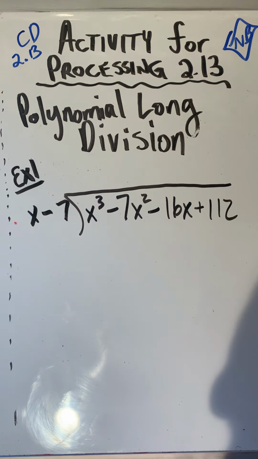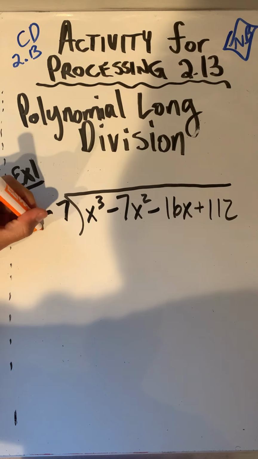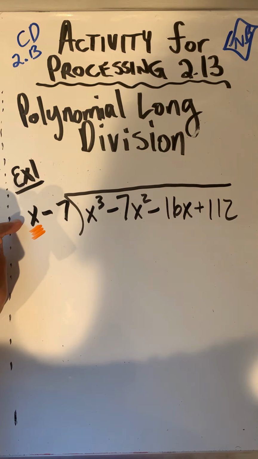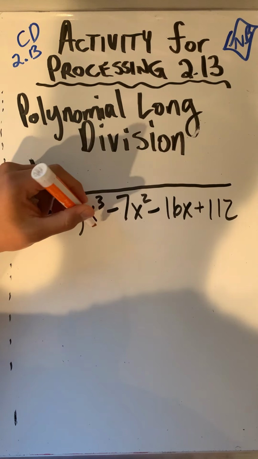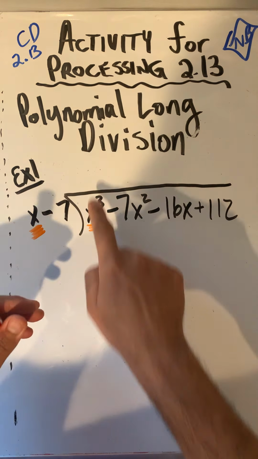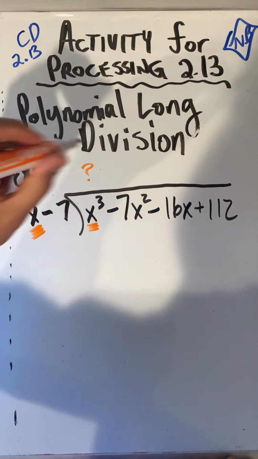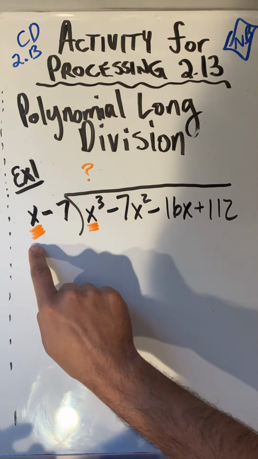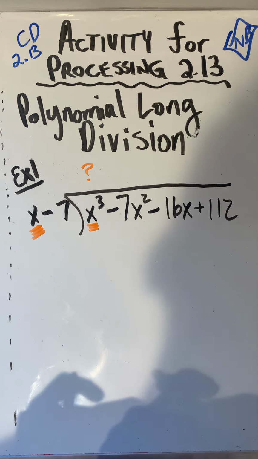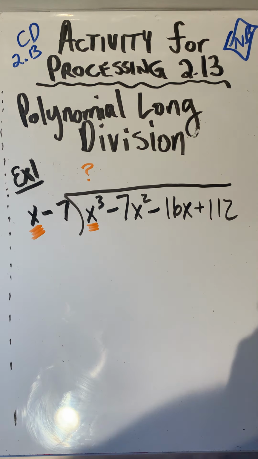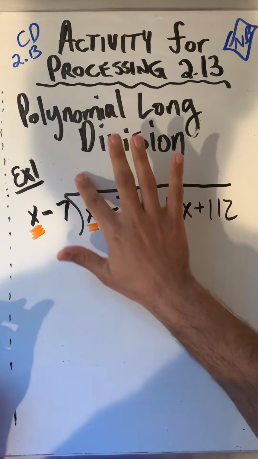Okay, so here's how this works. The main focus here is with this variable in the binomial, and you want to make it such that whatever I'm going to place up here, I'm going to put a little question mark, an unknown value, x times something gives me x cubed. So what I'm going to put there is x squared.